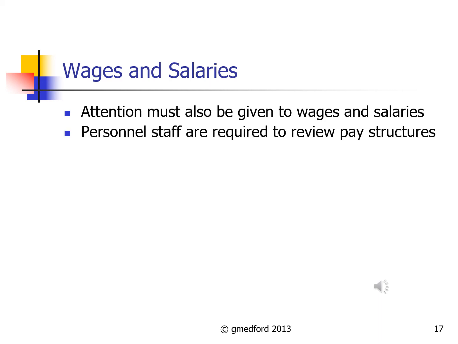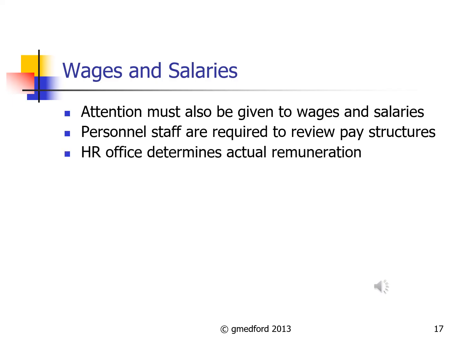From the information, the HR department of an organization determines actual remuneration. In doing so, it liaises with the finance or accounts department of the organization. And the accounts department would be the ones responsible for actually disbursing payments to the employees, either via check or cash.